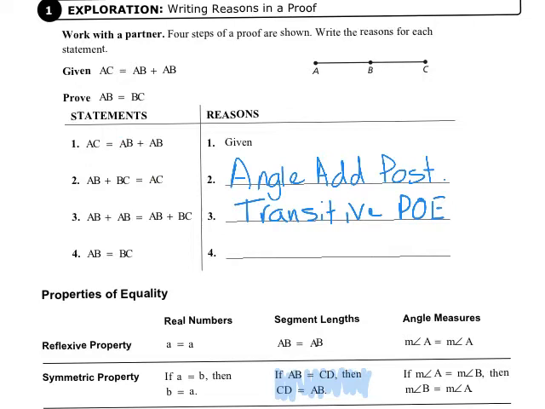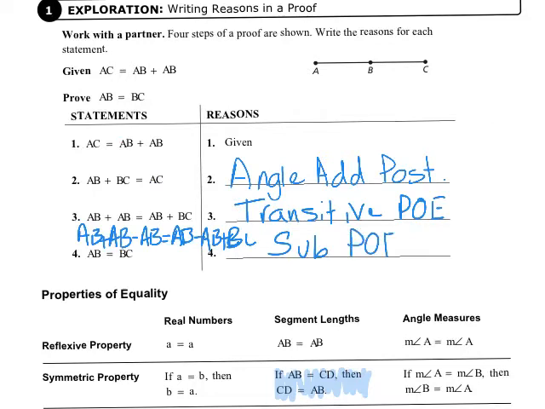They should have done AB plus AB minus AB equals AB minus AB plus BC, right? To do the subtraction property of equality.